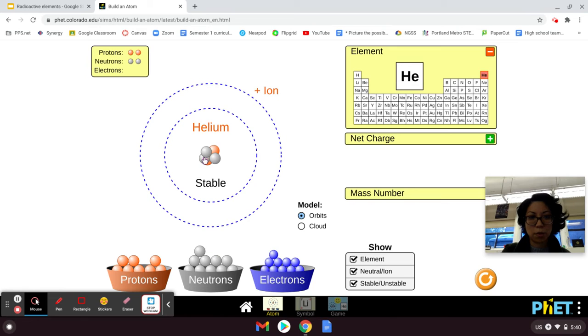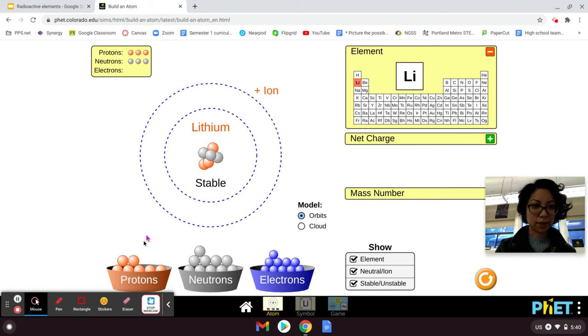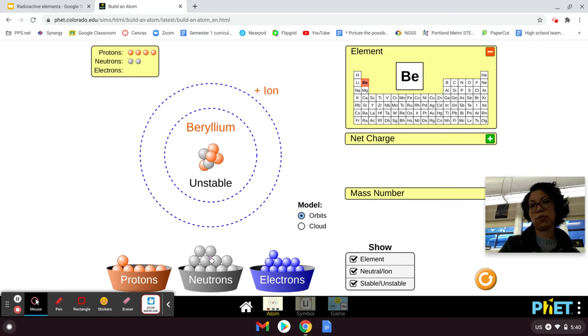But at a certain point, if I add too many neutrons, the atom becomes unstable. Right? And in this case, you'll see if there are too few neutrons, the atom's unstable.